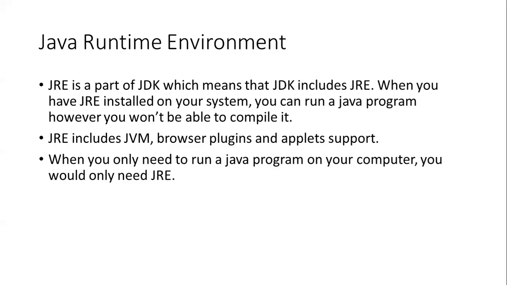When we have the JRE installed on our system, we can run a Java program. Basically, the JRE helps to run our Java program. The JRE includes the JVM, browser plugins, and applet code.